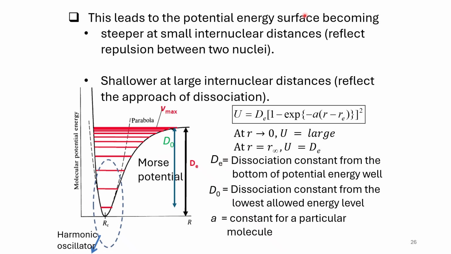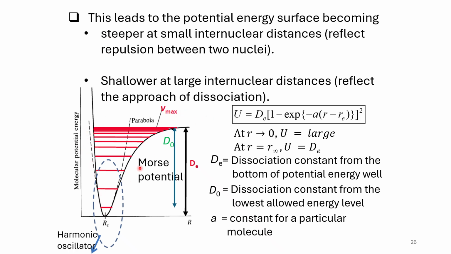Therefore, the potential energy curve flattens out at this D_e, where D_e is the dissociation energy from the bottom of the potential energy well. At a very small value of R, the positive charges on the two nuclei cause mutual repulsion, which increasingly opposes their approaching each other. As a consequence, the potential energy curve is steeper than for the harmonic oscillator.